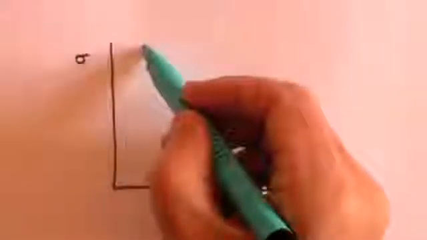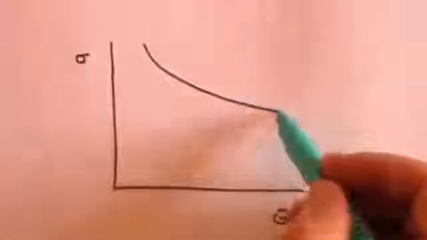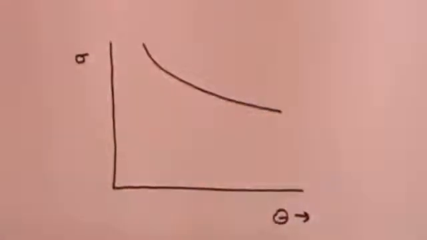Now in the 1950s, a man by the name of Hofstadter did a number of experiments with electron scattering. First he calculated what the Rutherford cross-sections ought to be. He's plotting cross-section against angle of scattering, the good old-fashioned way. The predicted Rutherford scattering was something like that.